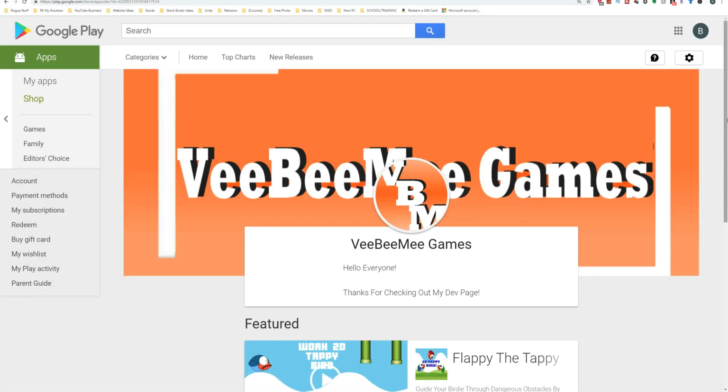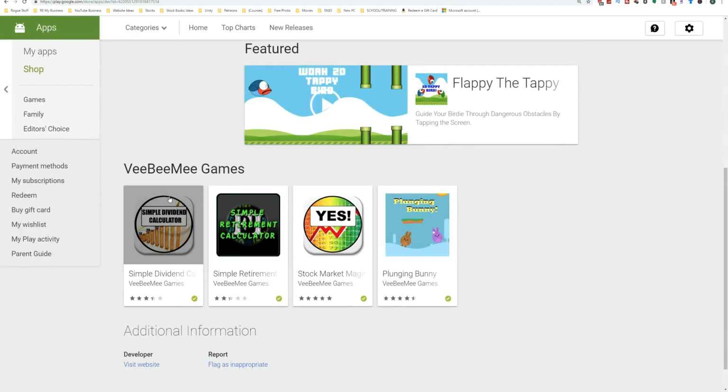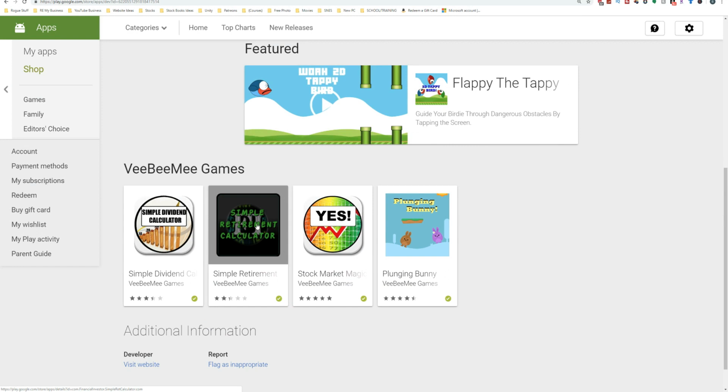Now, the other applications here that I've made are my simple dividend calculator and my simple retirement calculator. This is my next one here that I will be updating. I'm going to be working on updating the icon, updating the interface on it as well, that way it looks cleaner and has a nice looking icon, so it stands out. And then I have the simple stock market magic ball, which is basically a magic ball sort of application.